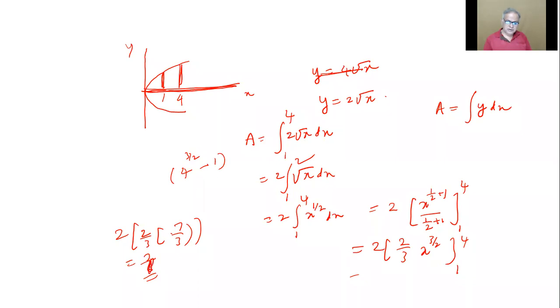Oh, it is not 7 by 3, it is 7. This 2 won't go, I'm sorry. It will be there. 4 to the power 3 by 2 is 8. 8 minus 1, 7. So 7, this 2 is not going. I mean, by mistake. Yes, sir. By slip. So it is how much? 28 by 3.